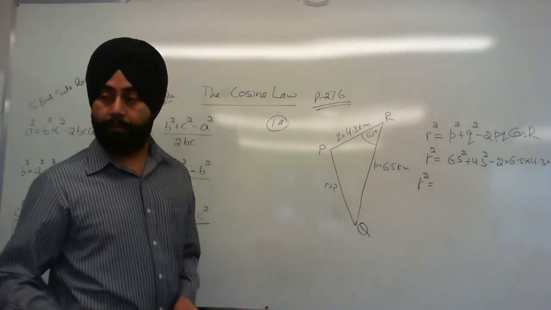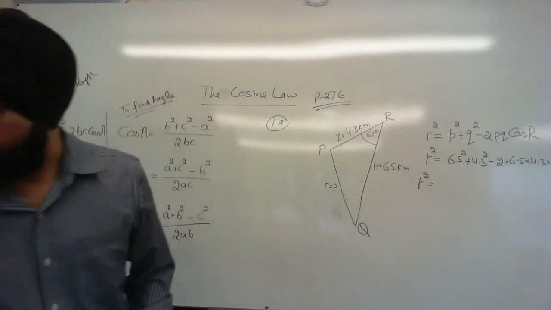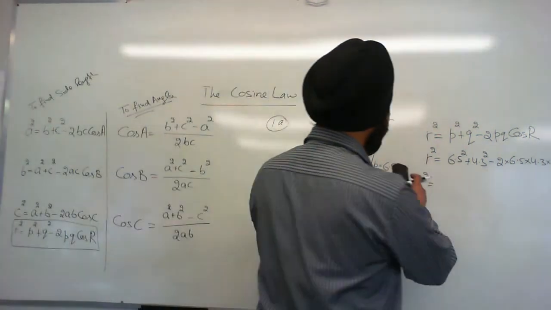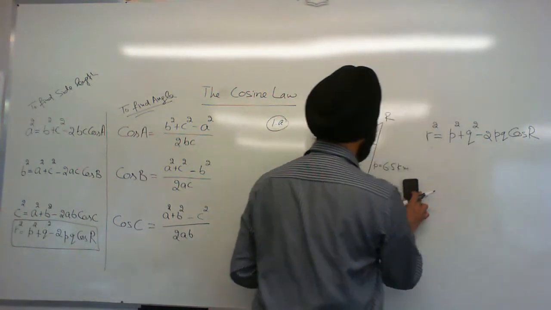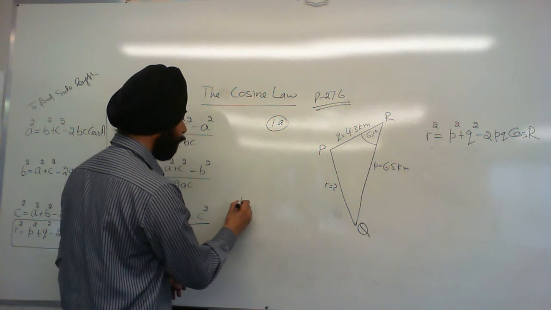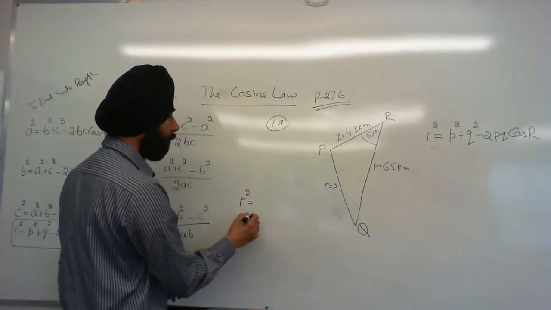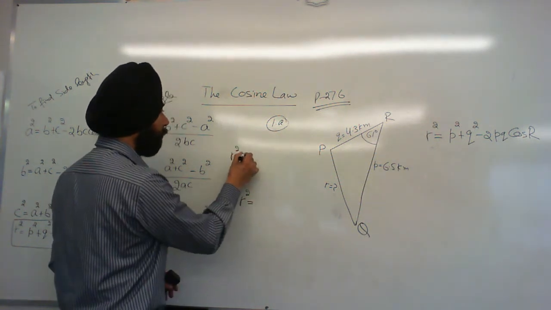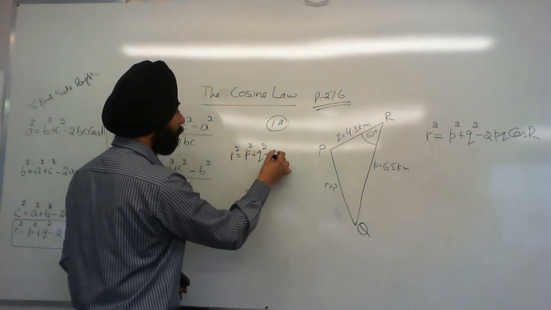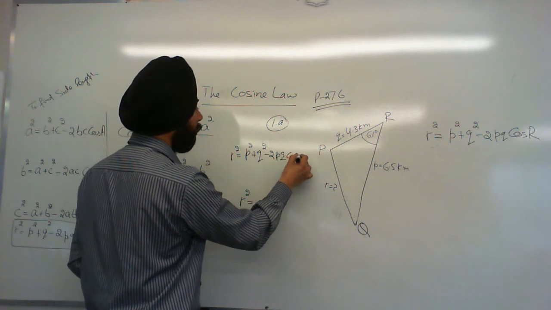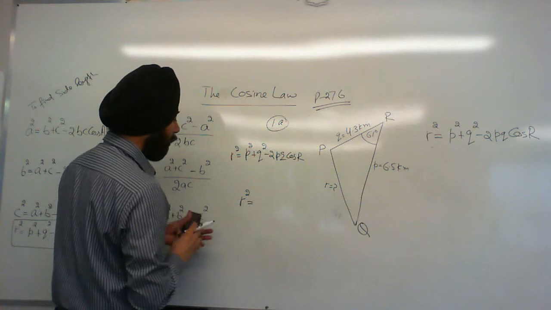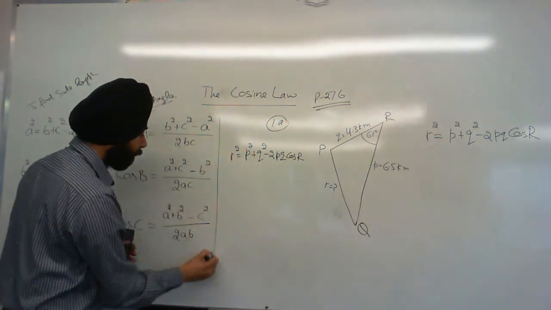It's not going into my video actually, so I'll just shift it a little bit to this side. I will write it here. R square is equal to P square plus Q square minus 2PQ cos R. I'm just transferring this over to here, and then I'm going to enter the values.